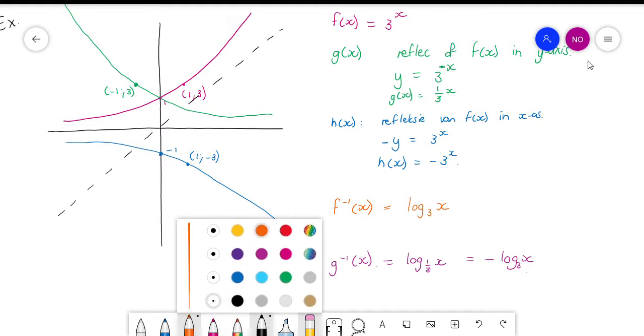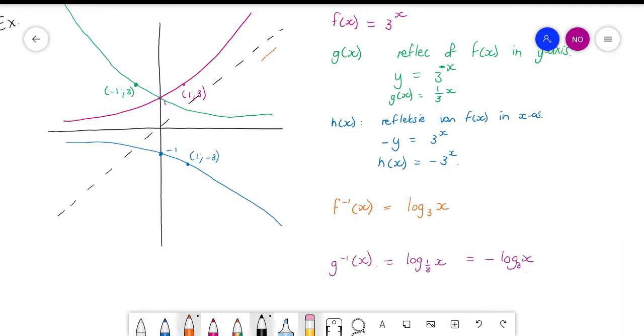And then this one goes like this. There. And here we're going to have a point on it. 3 and 1. Right? This is the inverse of f.